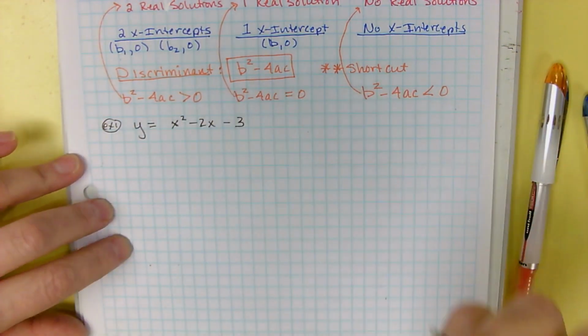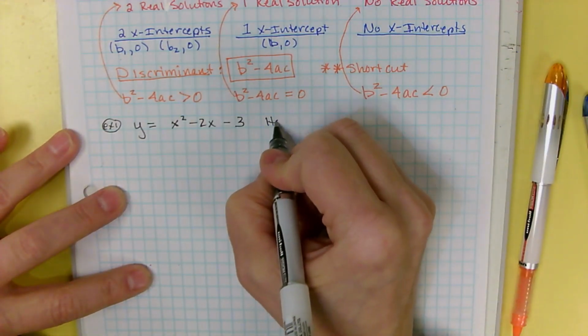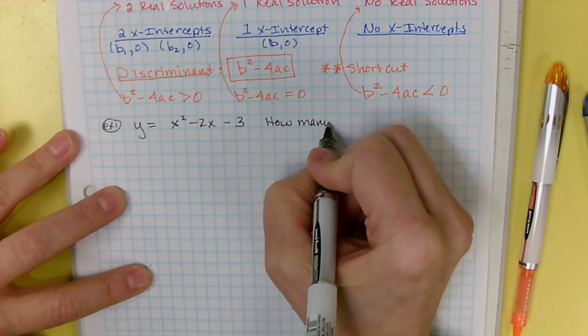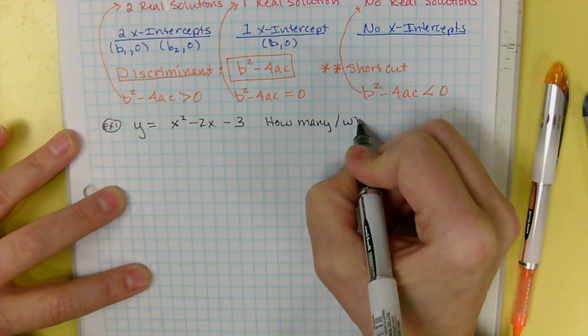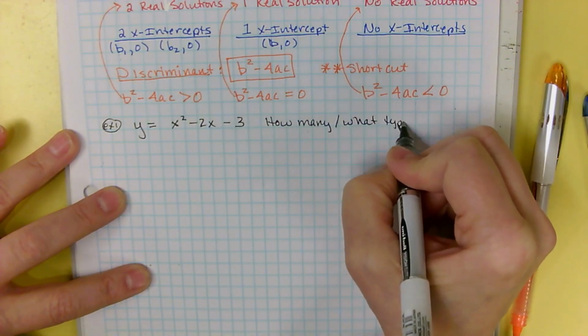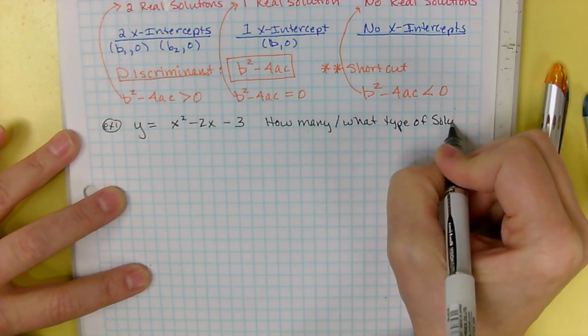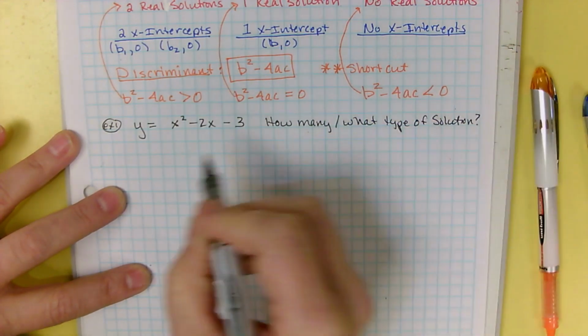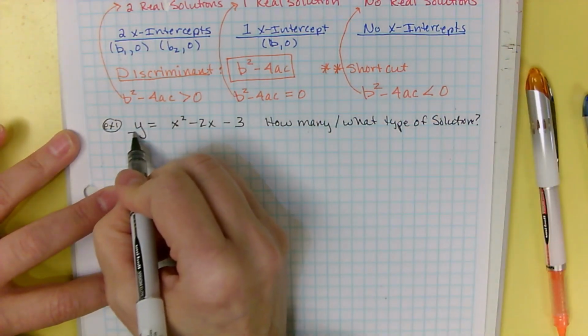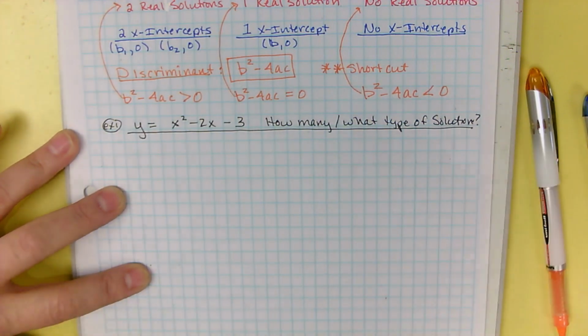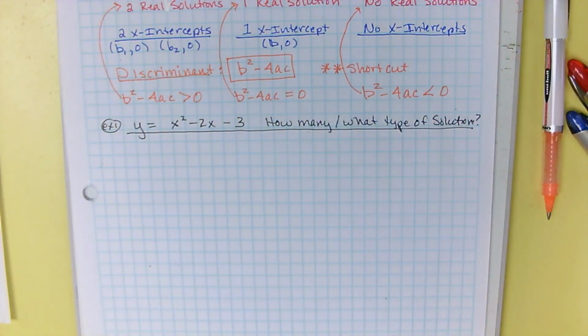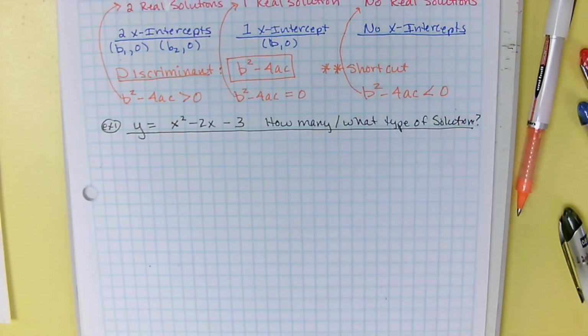And on your worksheet, it will ask you how many and what type of solutions. They're not going to ask you for the solutions. They just want to know how many and what type, which means you're going to use the discriminant.